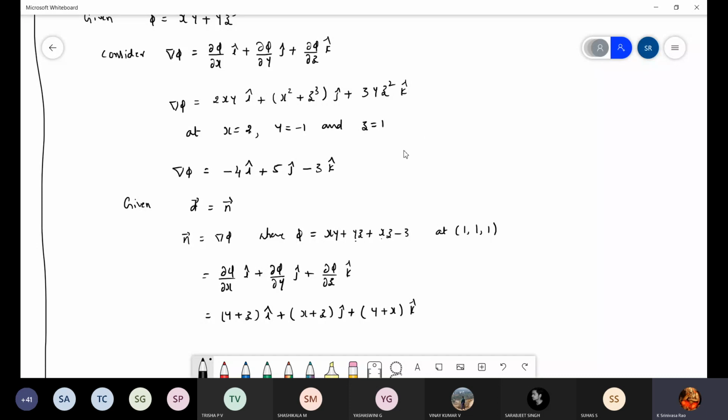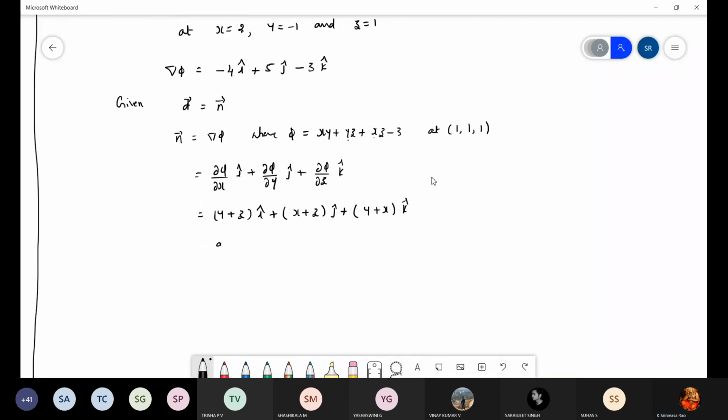And now at x equals 1, y equals 1, and z equals 1, n is nothing but d, the directional vector, that gives 2i plus 2j plus 2k. Correct?